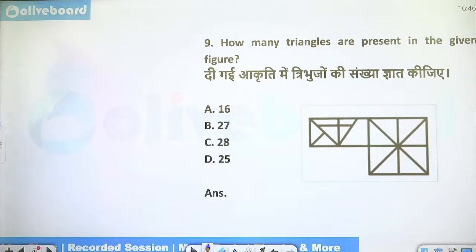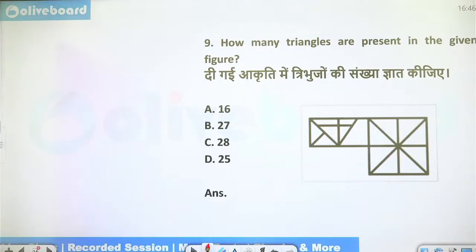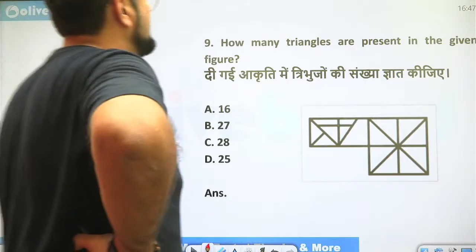Okay. Next. This is again very easy. How many triangles are present in the given figure?